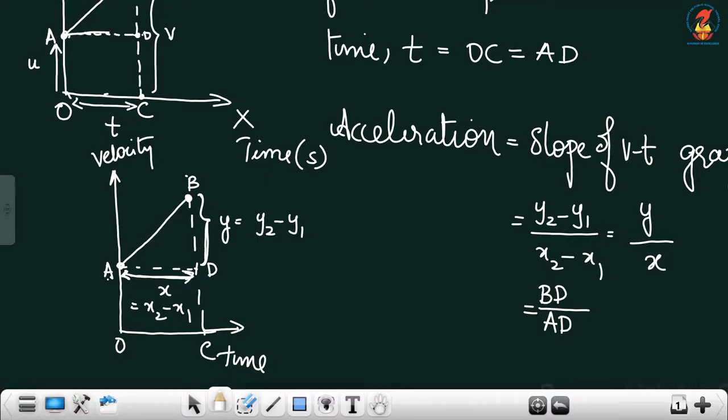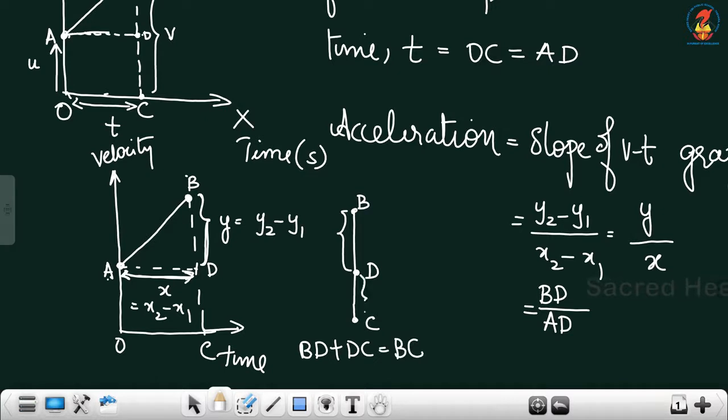Now, I will draw this portion here. This point is B, this point is D and this point is C. How will you find BD? BD plus DC equal to BC.